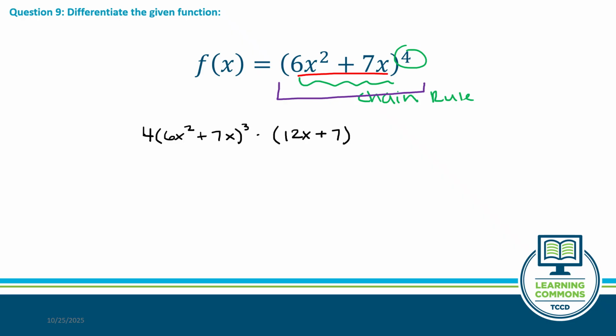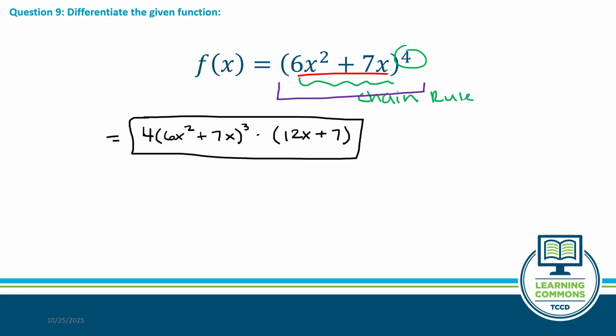Now, honestly, I'd leave this go. I wouldn't go any farther than this. This is really, really easy for you to see, and you demonstrate that you understand how it works. To make this any more complicated, you could distribute the 4 into this piece right here.